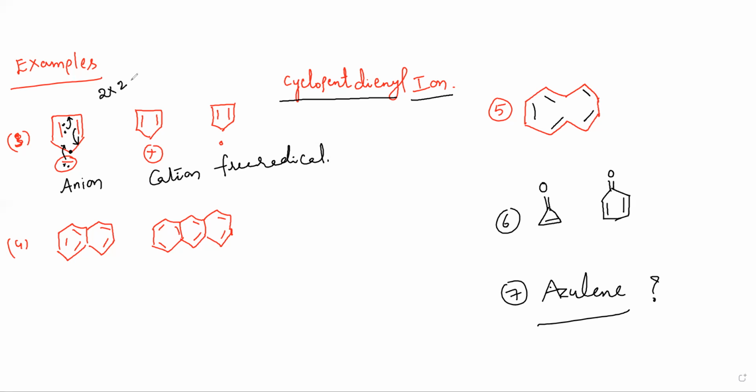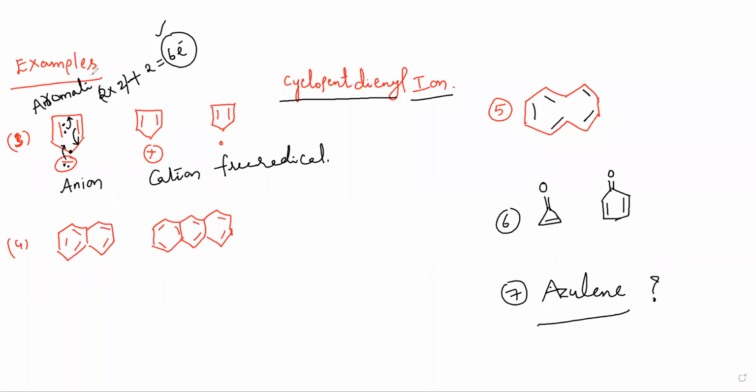And we also have one lone pair, or one negative charge, which is also 2. So the total is 6 electrons. If it involves 6 electrons, it follows Huckel's rule. That's the reason this compound is aromatic in nature.